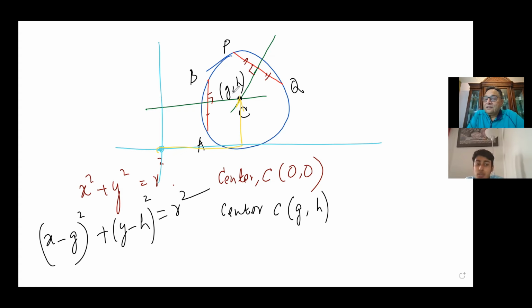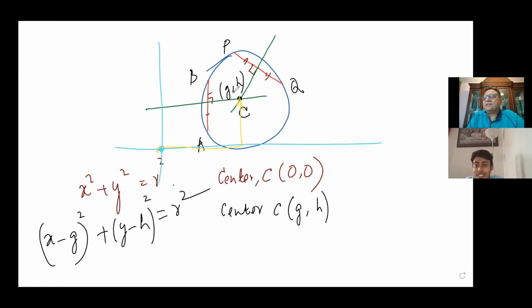Yes, sir. So x squared plus y squared equals r squared is only for a center at the point of origin on a graph, and (x minus g) square plus (y minus h) square equals r square is used when it's not at the point of origin. Would that even be considered if we were to move half a unit, or 0.1?